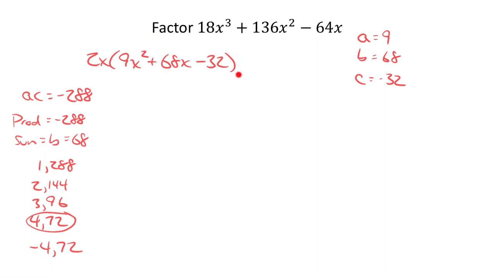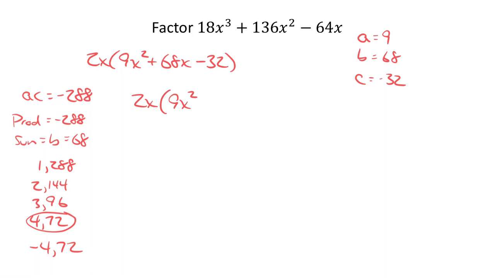Remember that this is what we're factoring, the 9x squared plus 68x minus 32. So I'm going to write the 68x in the middle as 72x minus 4x. Let's do that. So I've got 2x, and I've got 9x squared.